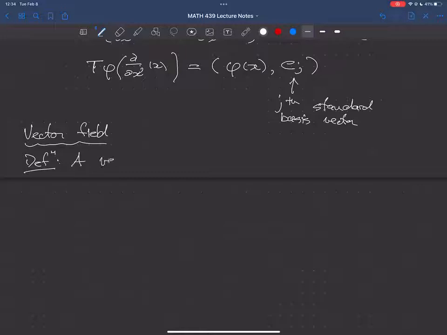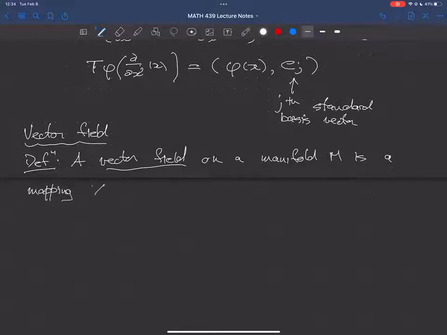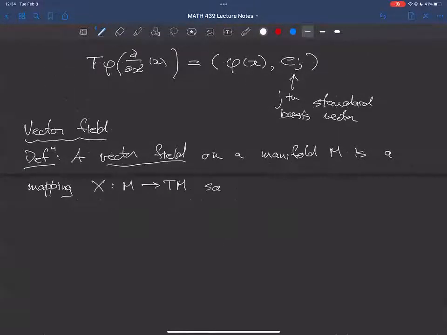A vector field on a manifold M is a mapping, and I typically write a vector field by capital X. So it's a mapping from M into TM that satisfies that if you evaluate the vector field at a point x, we know that gives you a tangent vector somewhere, because it takes its values in TM.